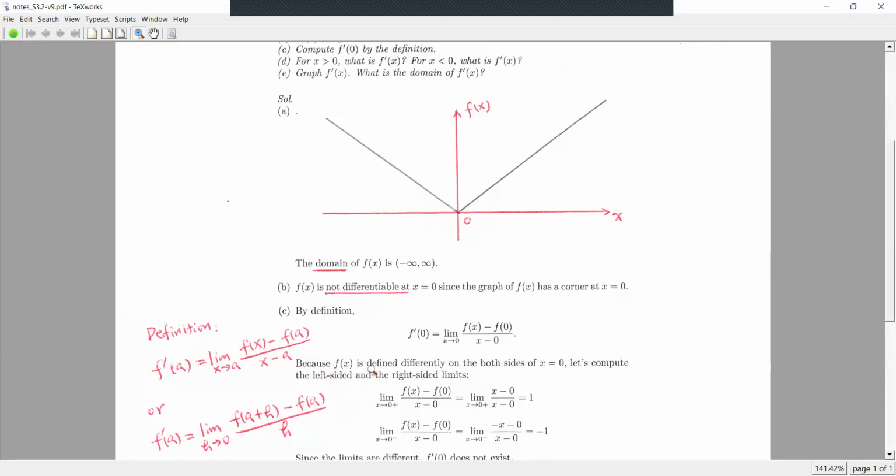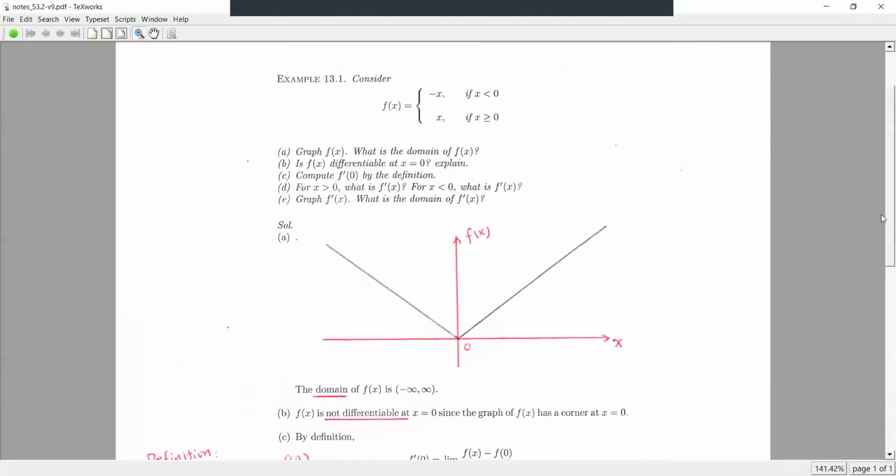Because the function f is defined differently on the both sides of 0, go back to the definition of the function. On the left side of 0, the function is negative x. On the right side of 0, the function is x. They are different.